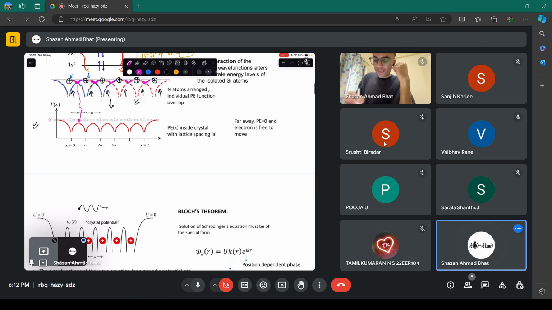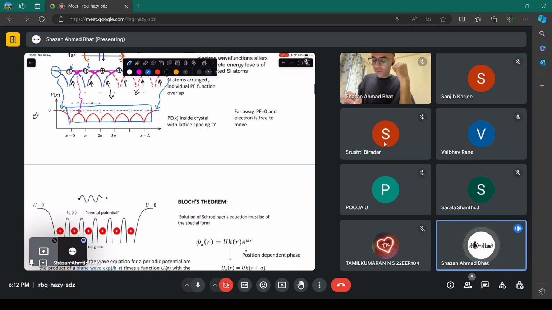That is why at the ends there is a higher potential than at the middle of the entire crystal. So if an electron is here, it cannot just escape the solid on its own. It needs to have energy greater than that. Okay, let's leave that fact.